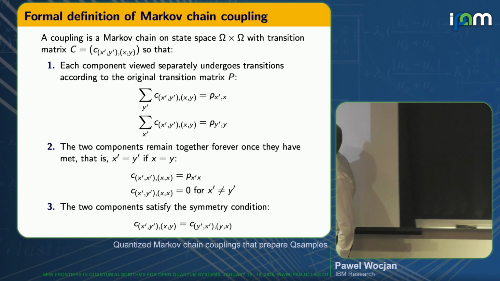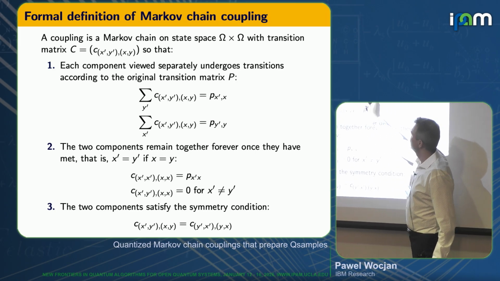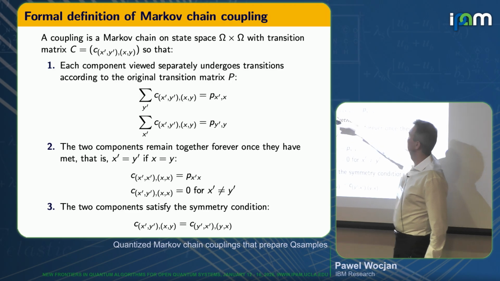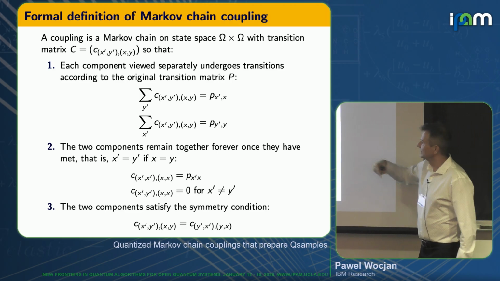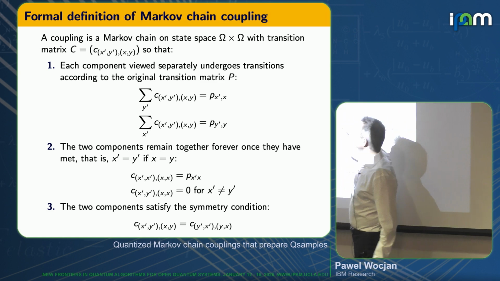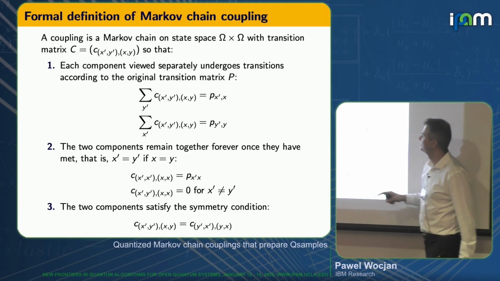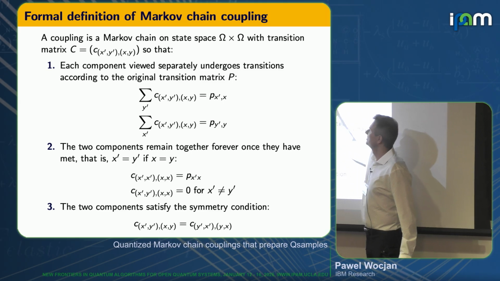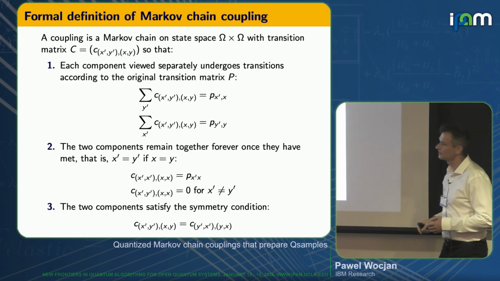So Alice is somewhere, Bob is somewhere, and then you make one move, but you don't care where Bob ends up, you only care where Alice ends up, and this probability distribution is the transition probability distribution of your Markov chain P.